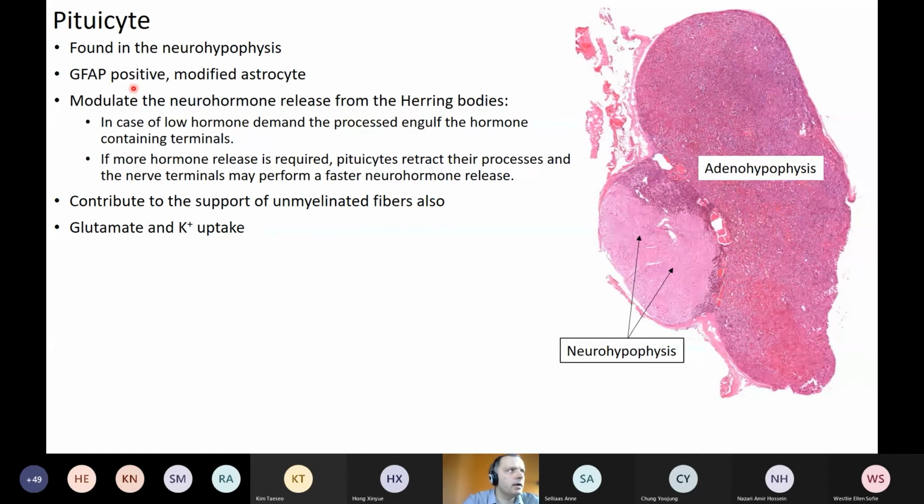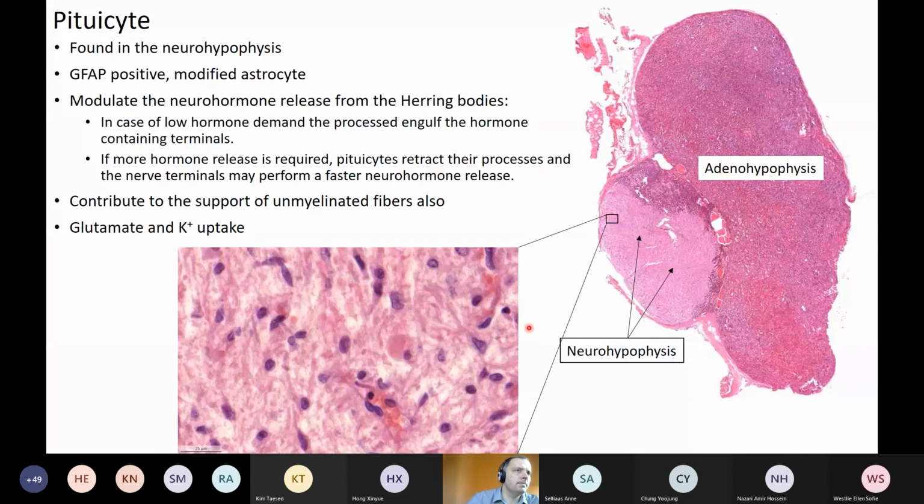And in this neurohypophysis, if we perform a higher magnification imaging, one can find these kind of nerve fiber enlargements called Herring bodies. And around them, one can find these larger cells, and they are the pituicytes. And the Herring bodies are responsible for the storage of those hormones which are released from the neurohypophysis.